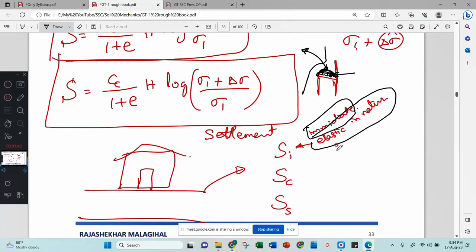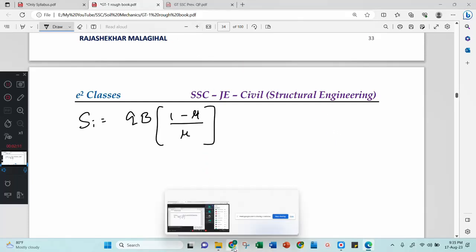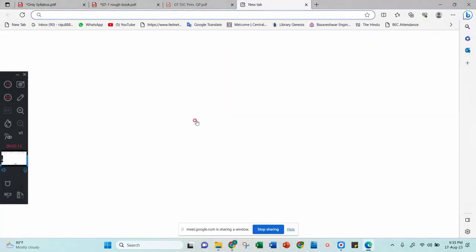Okay, we'll write an equation for elastic settlement, that is Si is equal to q into B into (1 minus mu square) divided by E, into influence factor. Wait, I forgot it. Anyone know the immediate settlement formula?